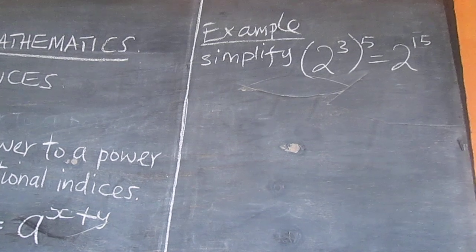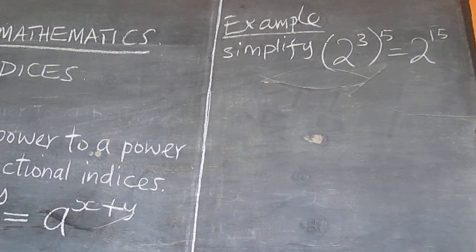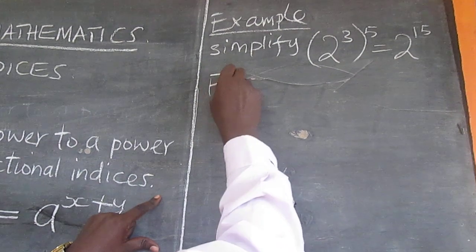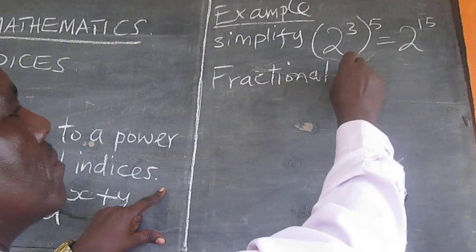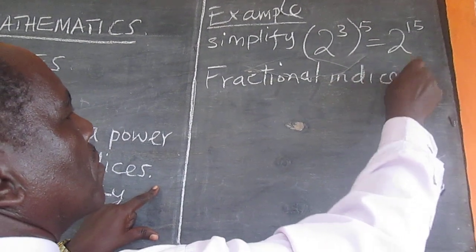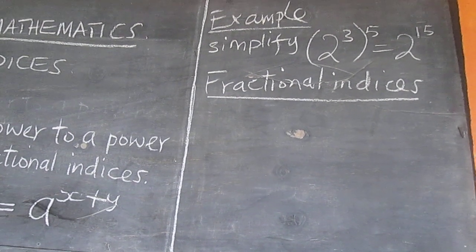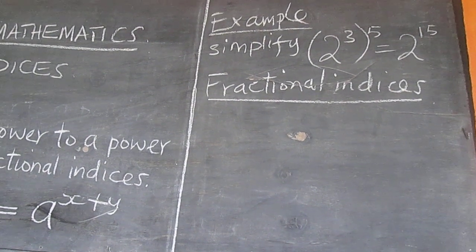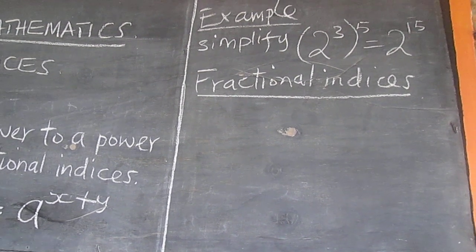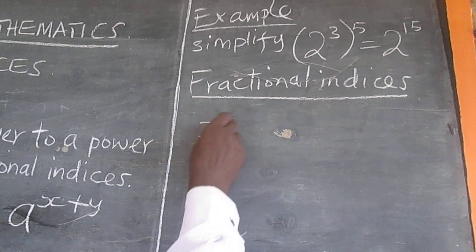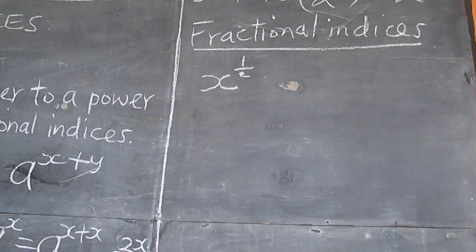Let's now go to our objective number 2, where we look at fractional indices. In our last lesson, we also explained what we meant by x raised to the power of a half.